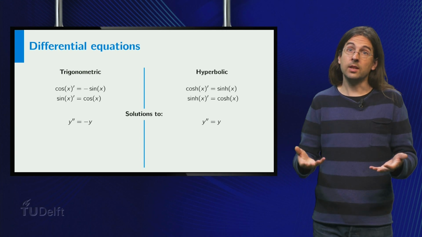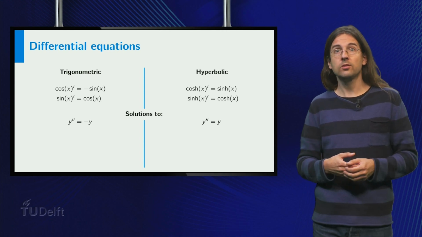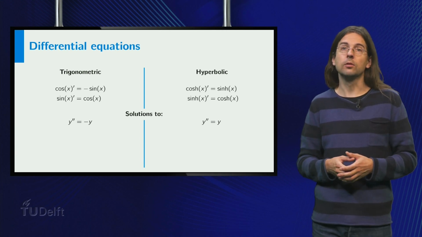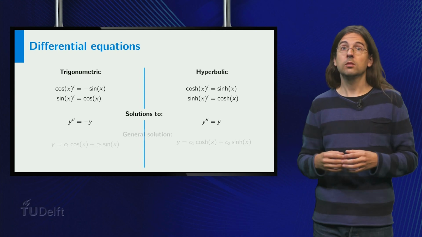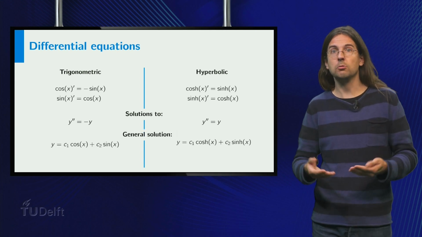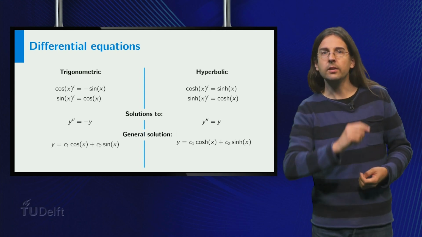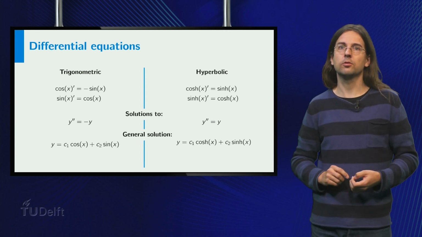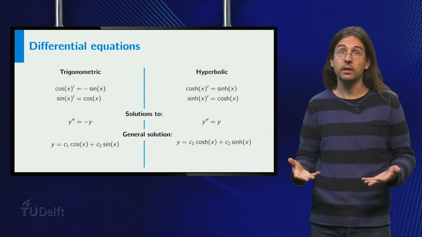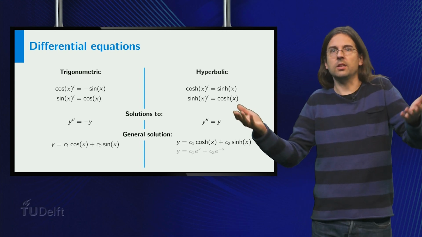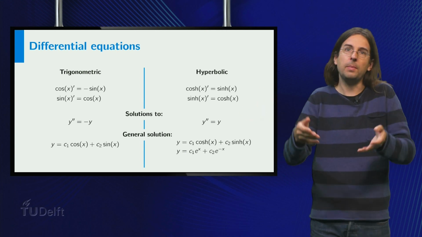As these are second-order linear differential equations, and we know two independent solutions, we can now write down the general solution to these equations. But wait a minute, you already know a general solution to y'' = y. These are just e^x and e^(-x).